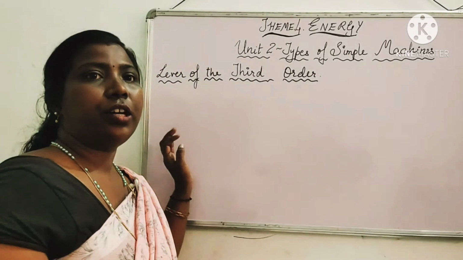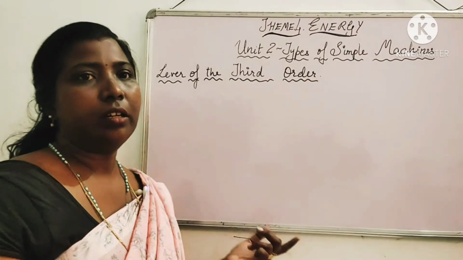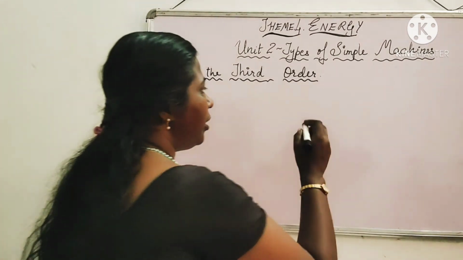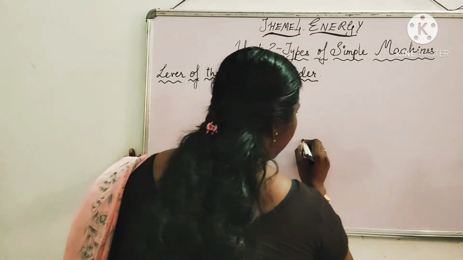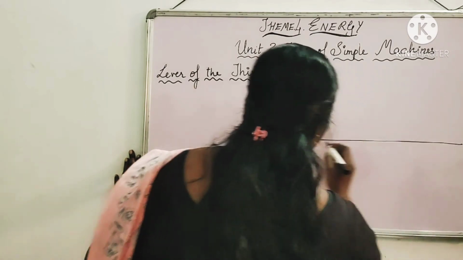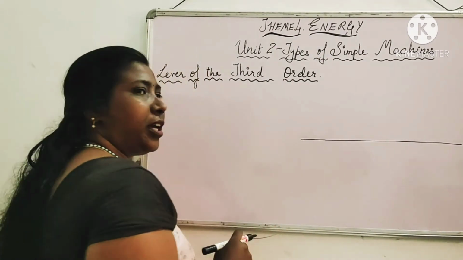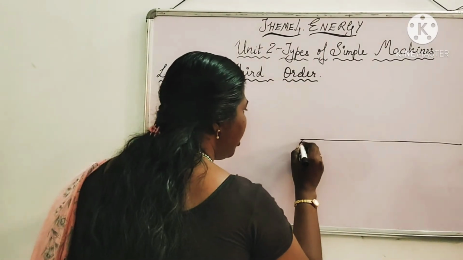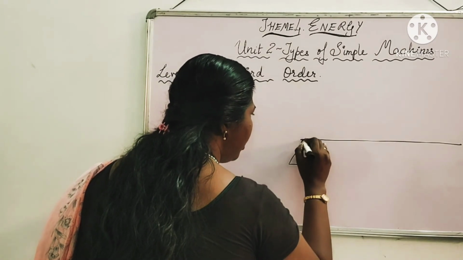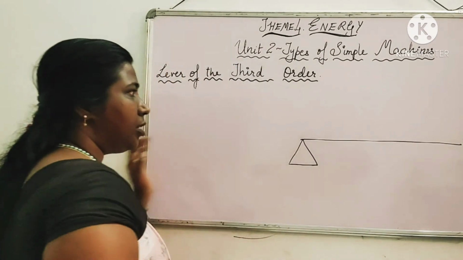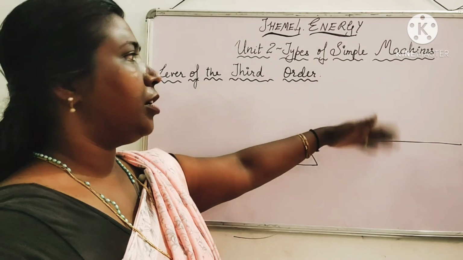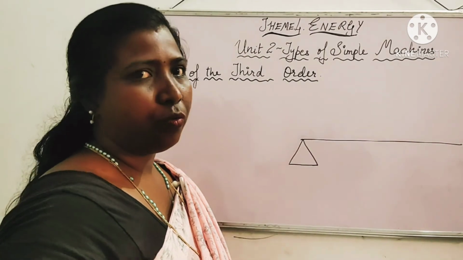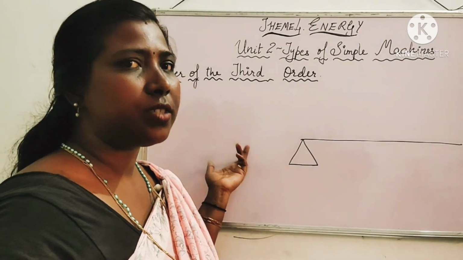Now students, we are going to learn about the lever of the third order. Here also the diagram will be the same, but the place will be different. Now see, here is the fulcrum. This rigid bar is free, it can move wherever. In the second order I explained the same thing.